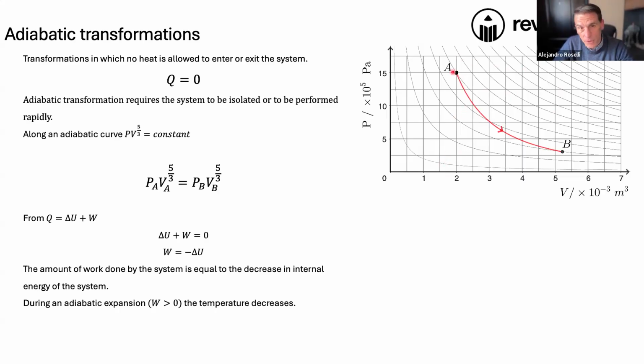You can see that when moving from the initial state A through this adiabatic expansion towards B, the landing point at B is at a lower temperature. It's not along the same isothermal, okay? An isothermal expansion would have followed that gray path over here, but now we're going down into a lower temperature isothermal.